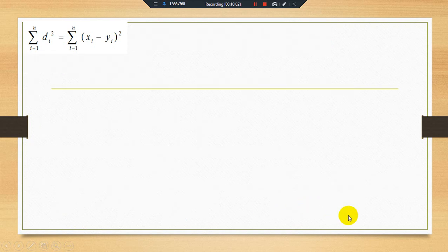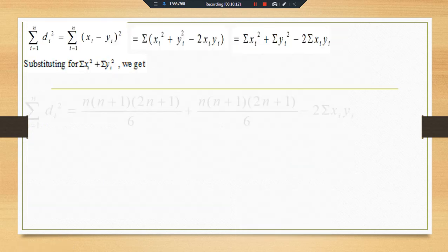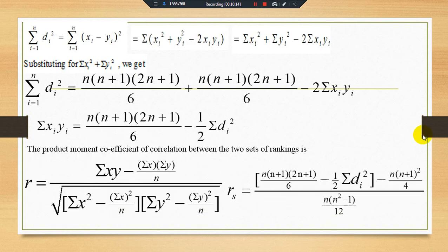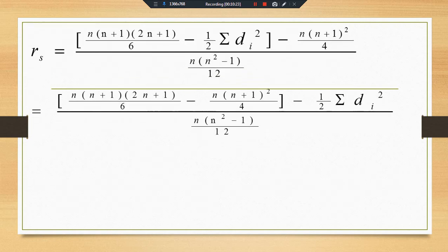So you see this, I want to show here. This is the part which is equal to n into n square minus 1 divided by 12. So here we get this, and we have to solve this part.